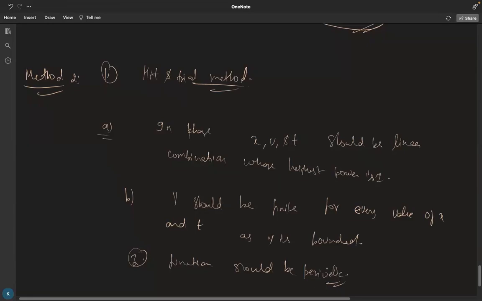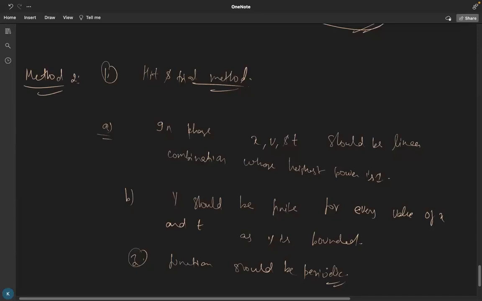That is the first method. The second method is that the phase should be a linear combination of x, v, t, and y, the displacement of particles, should be finite for every value of x and t, and the third thing is the function should be periodic. Keep this in mind.